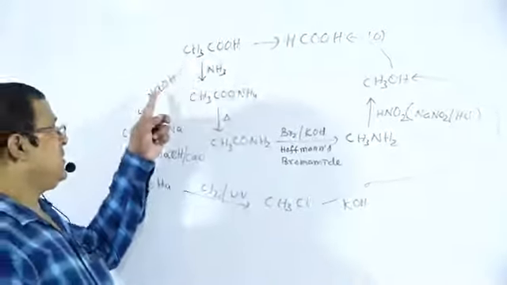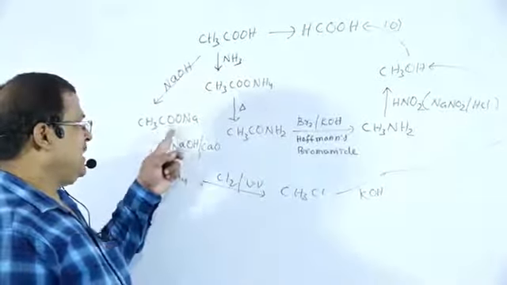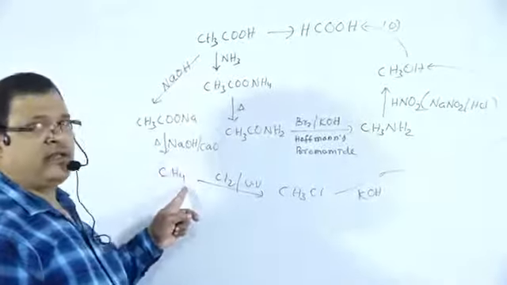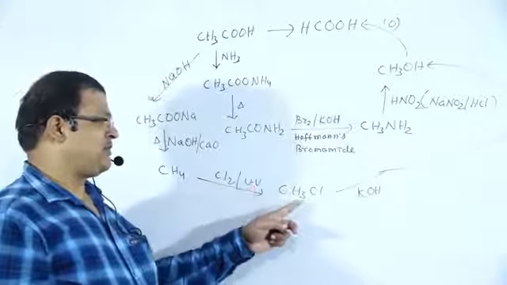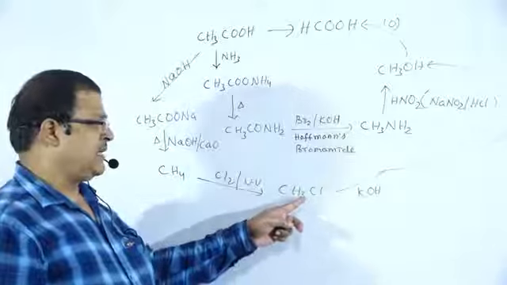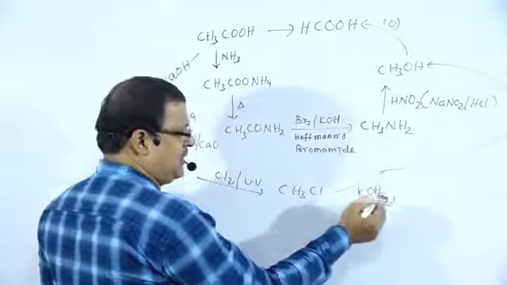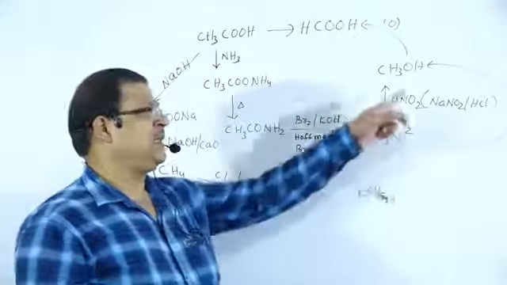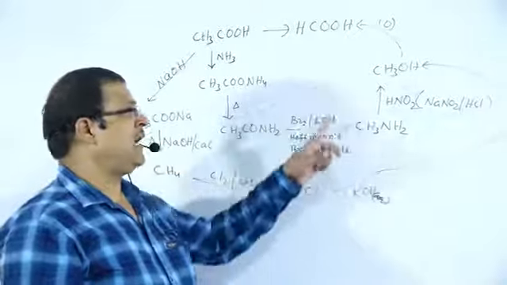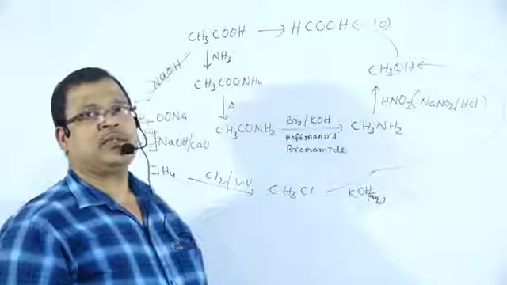Acetic acid with sodium hydroxide gives sodium acetate, heated with soda lime to form methane, treated with chlorine in presence of UV gives CH3Cl, and this CH3Cl treated with aqueous KOH, not alcoholic, gives CH3OH, that is methyl alcohol, and methyl alcohol is oxidized to form formic acid.